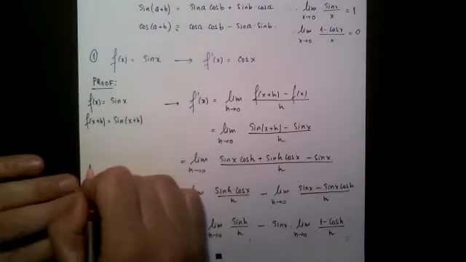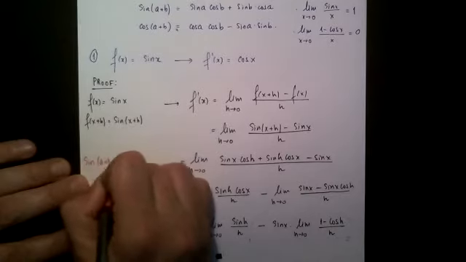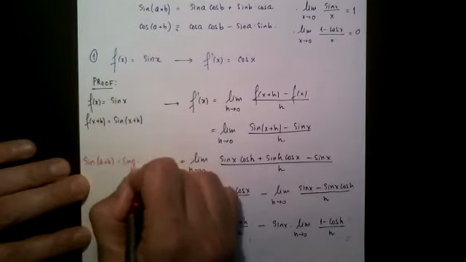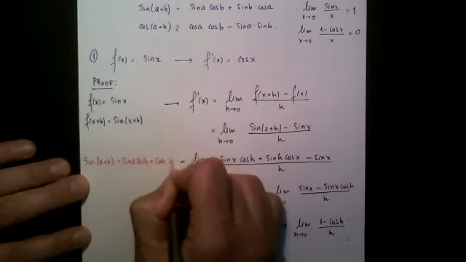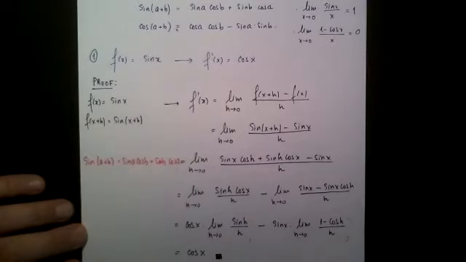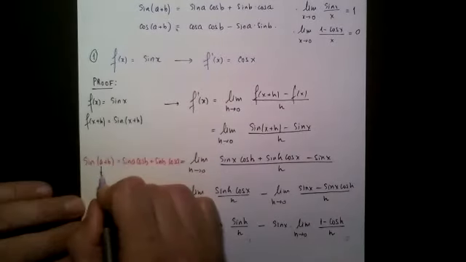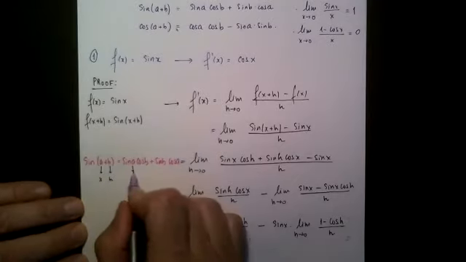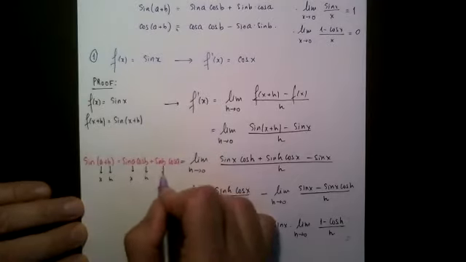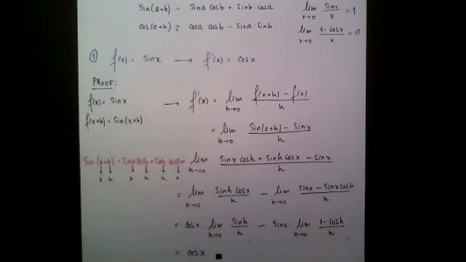I know that sine of a plus b is sine a cos b plus sine b cos a. This I know. So imagine now if this was an x and this was an h. This will be an x, this will be an h, this will be an h, and this will be an x. And you're going to get this. Thank you very much.